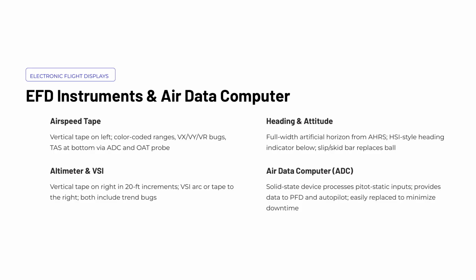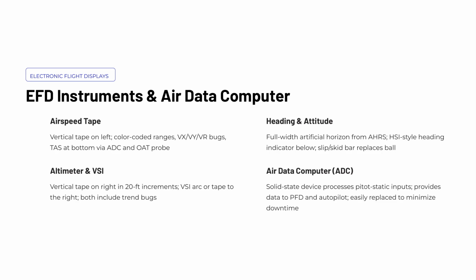The electronic flight display consolidates what were once several separate analog instruments into a single integrated primary flight display, or PFD. Understanding how each element is presented on that display is essential for scanning and interpreting flight information accurately. Starting on the left side of the PFD, the airspeed tape is a vertical scrolling scale that replaces the traditional round airspeed indicator.